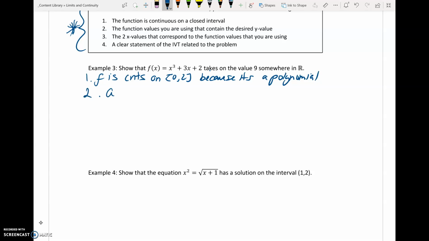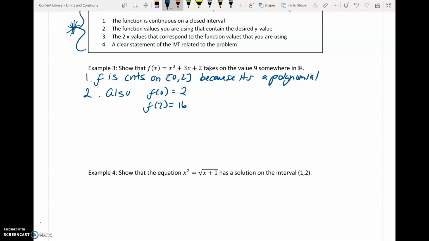We also know what f of 0 is and f of 2 is. We're just going to do that calculation quickly. This is going to be 2, and this is going to be 16. So 9 sits in between 2 and 16.